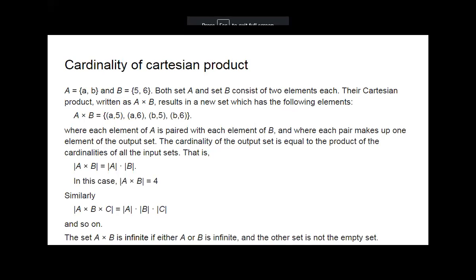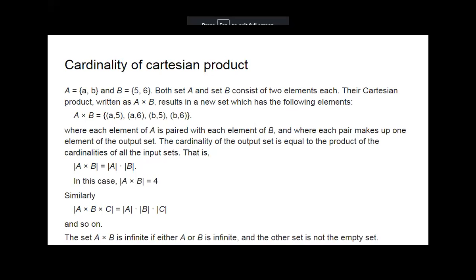We have two sets, and we take the Cartesian product of those two sets, and then the number of elements in that Cartesian product set is its cardinality. In the case of a Cartesian product, the cardinality of A cross B, where A and B are two sets, is the cardinality of A into the cardinality of B.